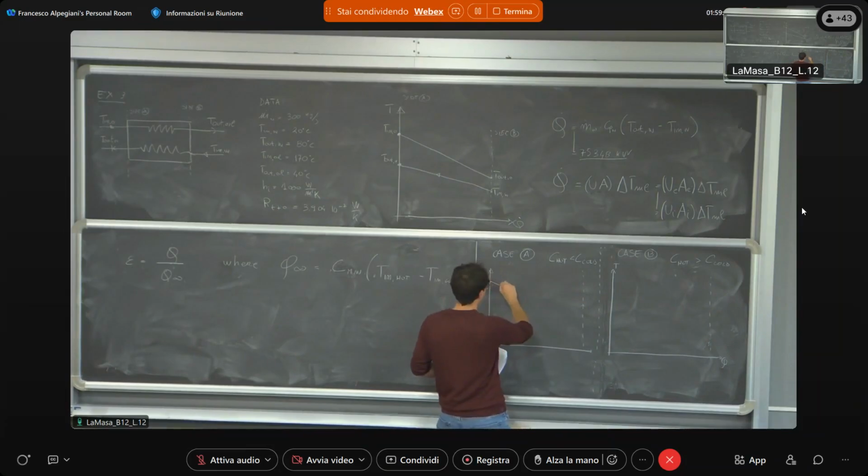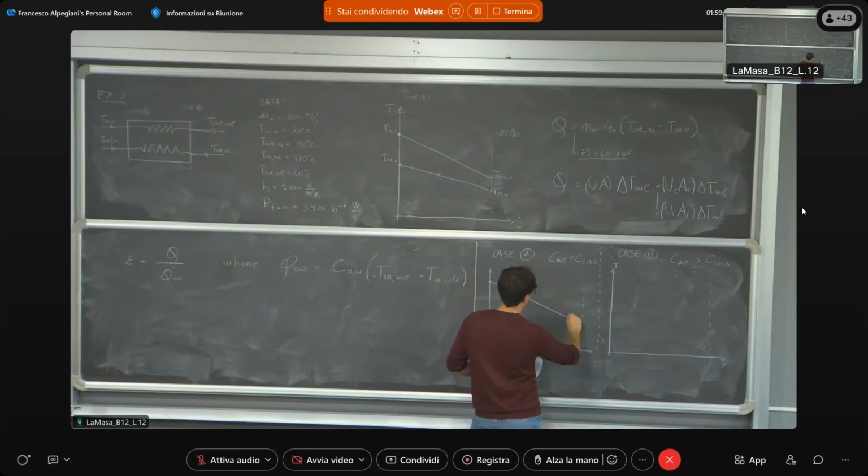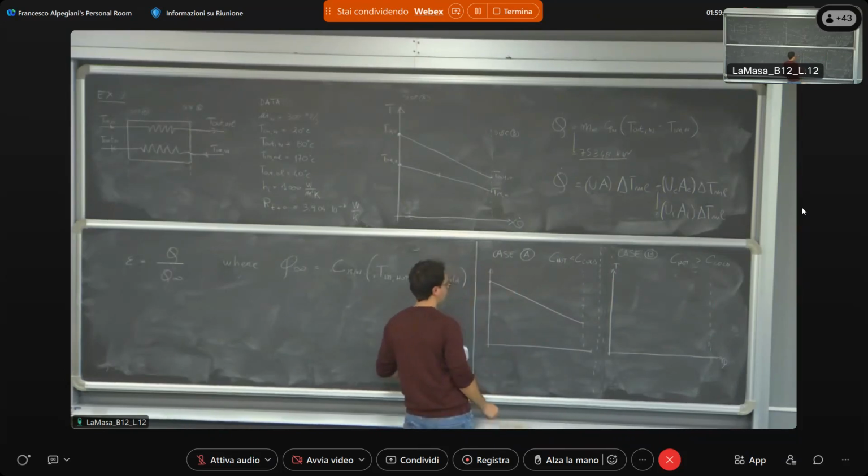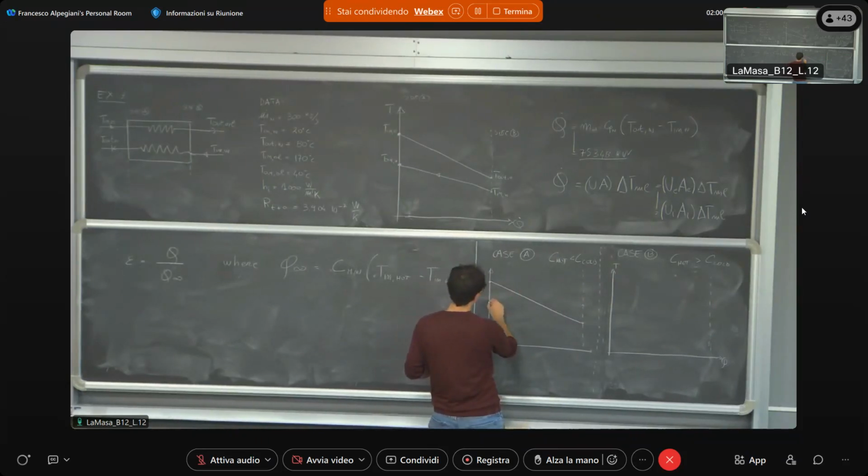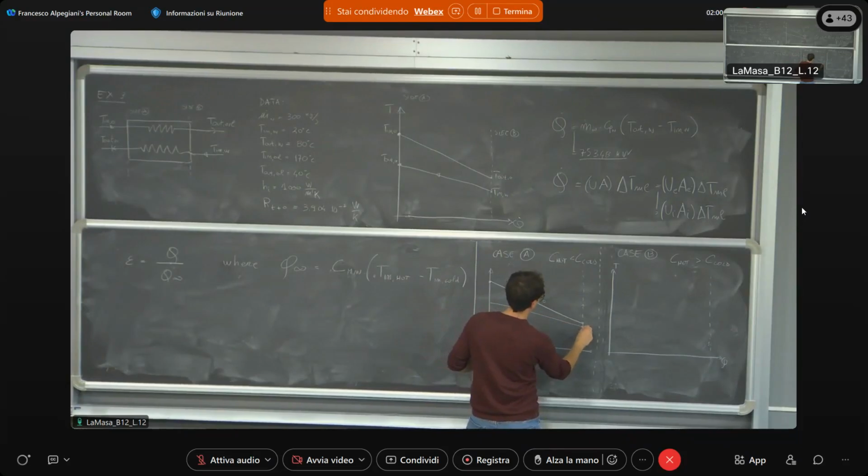So the hot fluid has a slope higher with respect to the cold fluid. So this is the hot fluid, while this one is the cold fluid.